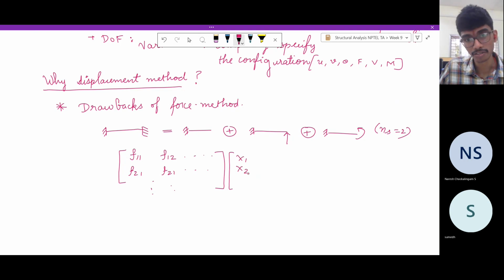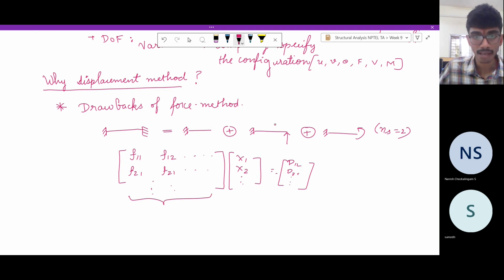times x1, x2, and so on is equal to d1L minus d2L. And the issue is this matrix is densely populated. That is, except for some special cases, these coefficients which we determine as Fij is the integral of mi mj by EI dx.